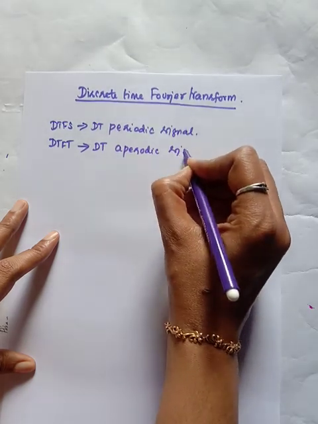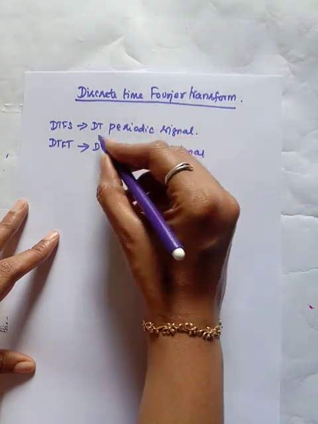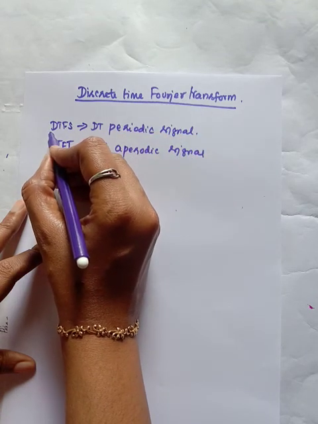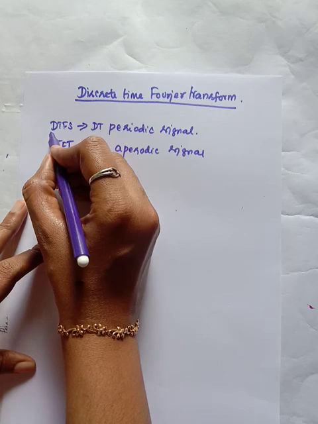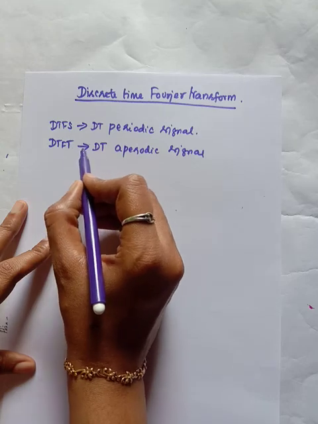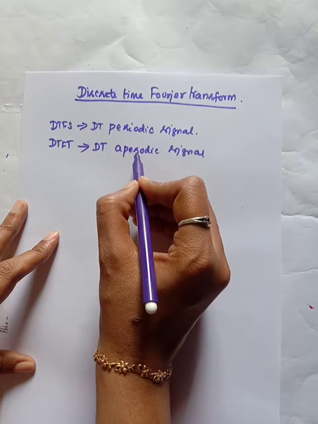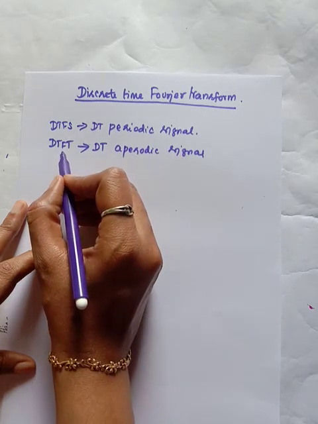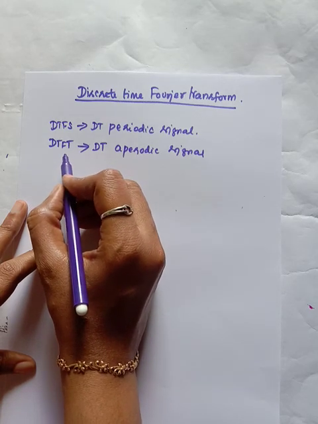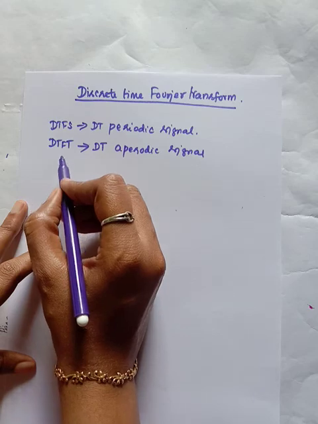And also, the discrete time periodic signal that we analyze using DTFS, we can represent in terms of complex exponentials, that is, harmonic signals. Here we are going to represent the discrete time aperiodic signal using DTFT, which is a mathematical tool for analyzing a discrete time aperiodic signal.